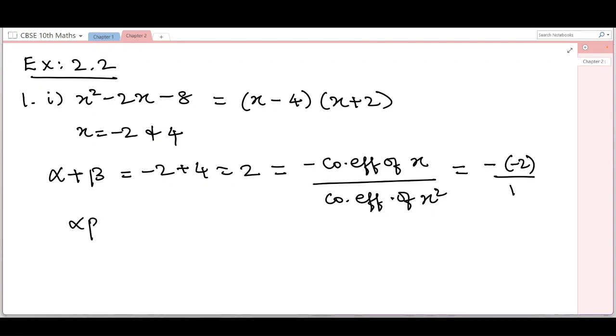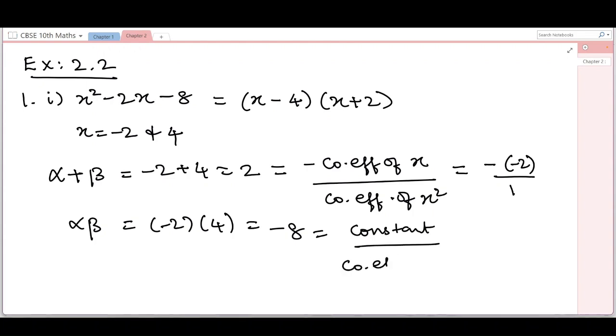Fine. Product of the two zeros, minus 2 into 4, is equal to minus 8. This should be equal to constant term divided by coefficient of x square, that is constant term is minus 8 and the coefficient of x square is 1. So thus we have verified the relation.